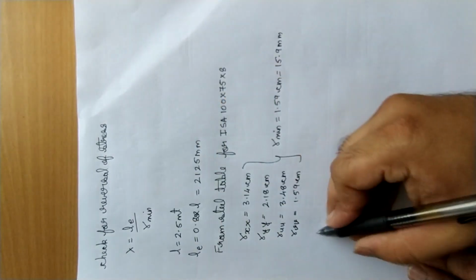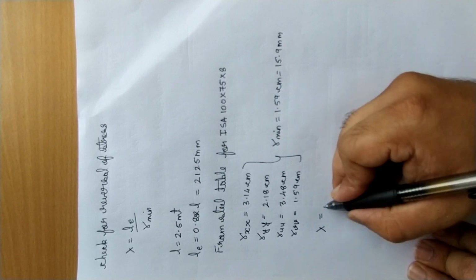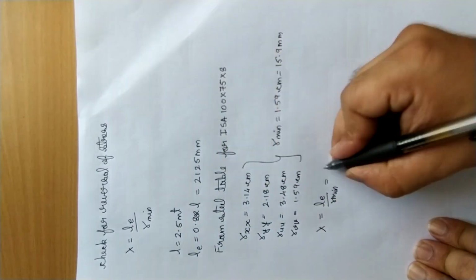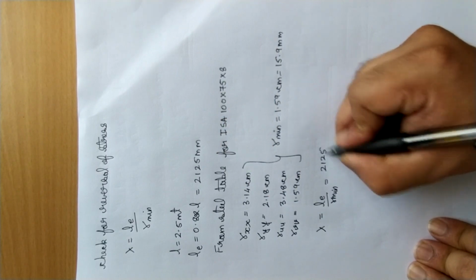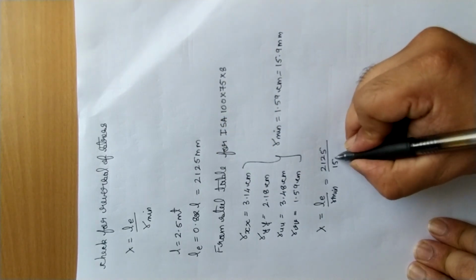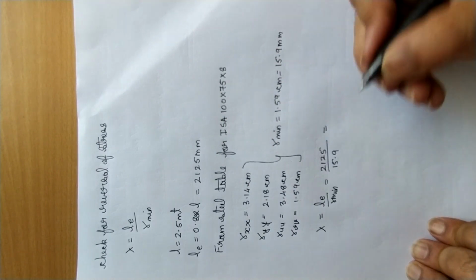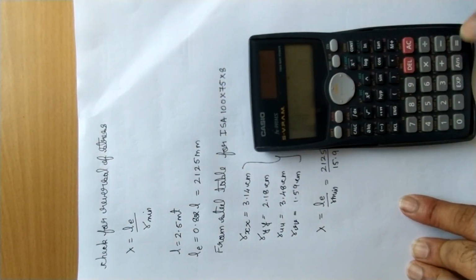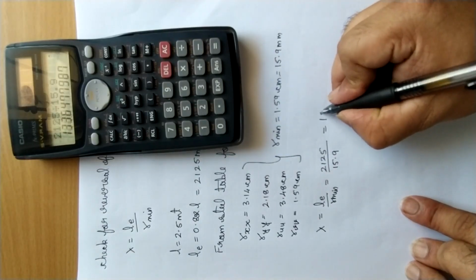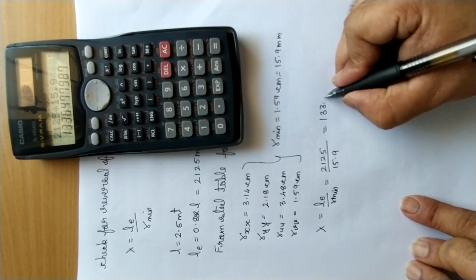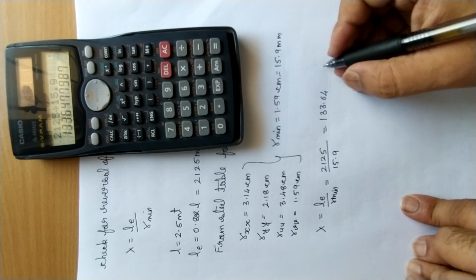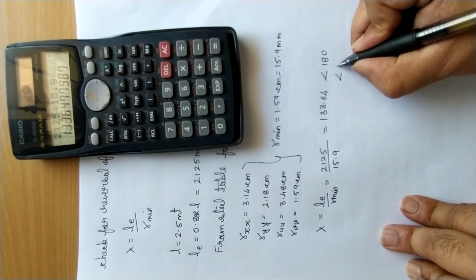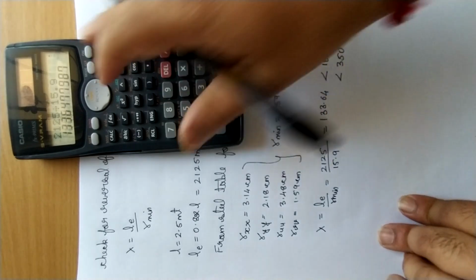So substitute it here. So lambda is equal to LE by R minimum. So LE is 2125 divided by 15.9. So let us check how much is this. So this is working out to be 133.64, and as we know, according to the table, it should be less than 180 or it should be less than 350, because we don't know the load.